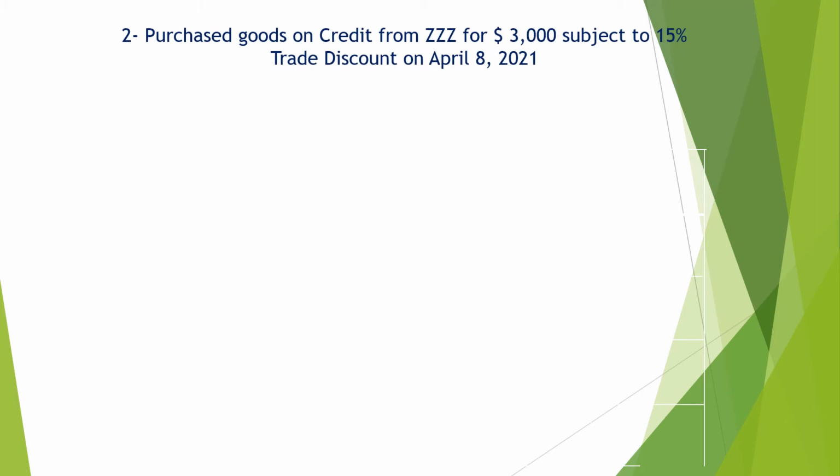Let's go to example number 2. Purchased goods on credit from ZZZ for $3,000 subject to 15% trade discount on April 8, 2021. As this transaction has a trade discount, we will calculate the net amount in the purchase daybook as well as in the creditor's account later on while posting.